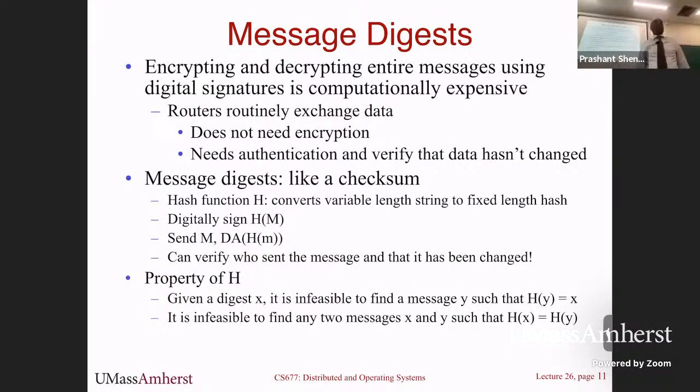So this requires that you use a good hash function, otherwise that's going to cause problems. You shouldn't be able to find two messages X and Y that produce the same hash. So if you use good hash functions, this is still okay. There's no problem in that regard. The only brute force thing you can do is try to generate a message that will give you the same hash value, but if you have a good hash function, that should not be possible.